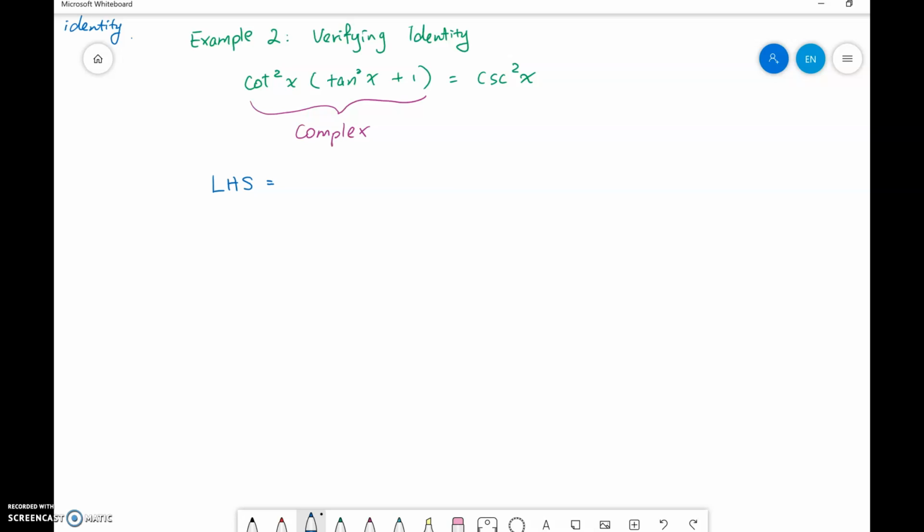I'm still going to multiply everything. I have cotangent squared x multiplied by tangent squared x, plus cotangent squared x times 1, which is just cotangent squared x. Now I'm going to simplify. Cotangent squared x is 1 over tangent squared x. So 1 over tangent squared x times tangent squared x over 1 gives me a 1.